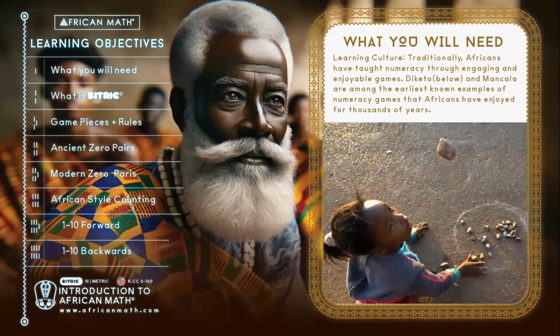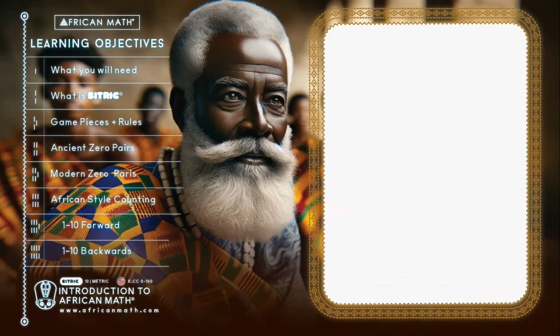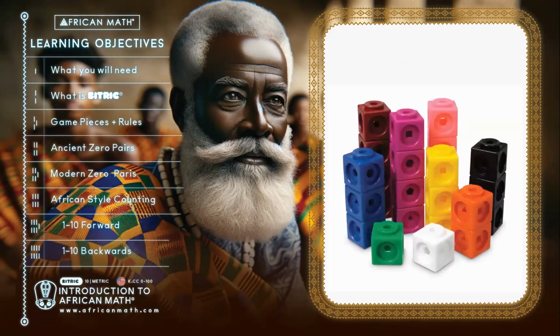So what you're going to need in order to participate in this African math learning culture is your game pieces. So you're going to have to get your game pieces if you want to play the game. We're going to start you off with these game pieces called math links, or they're also called math cubes.